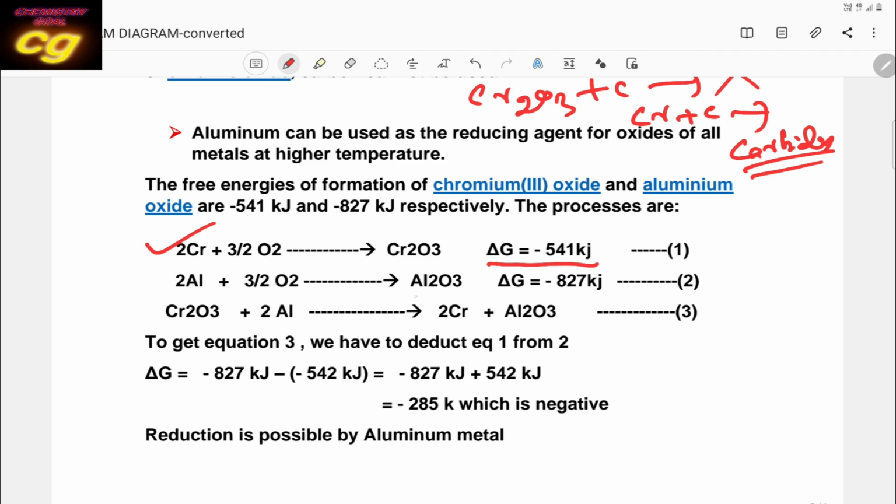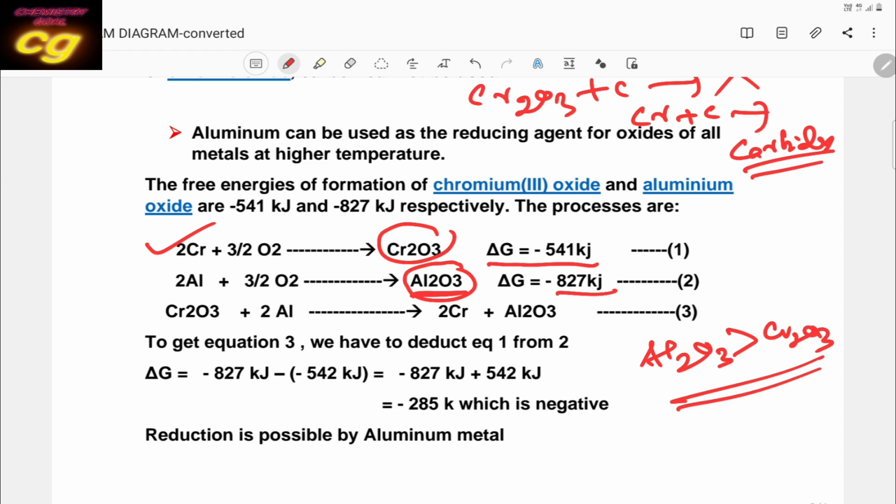Similarly, for aluminum oxide formation, the del G value is minus 827. Which has the more negative del G value? Aluminum oxide. That means aluminum oxide is more stable than chromium oxide, because its del G value is more negative.